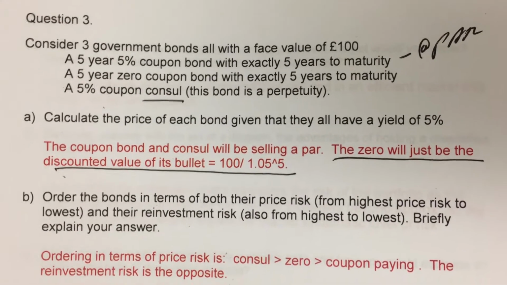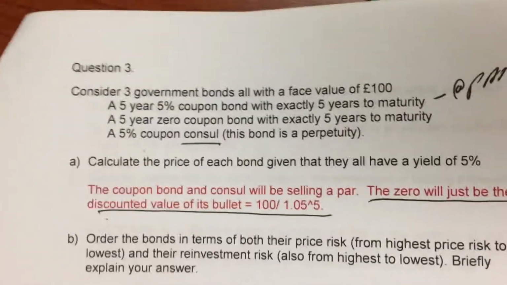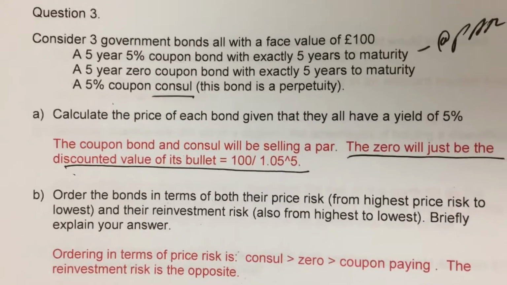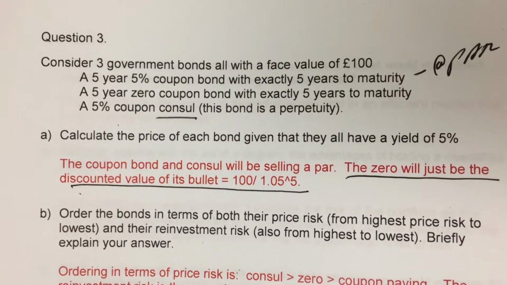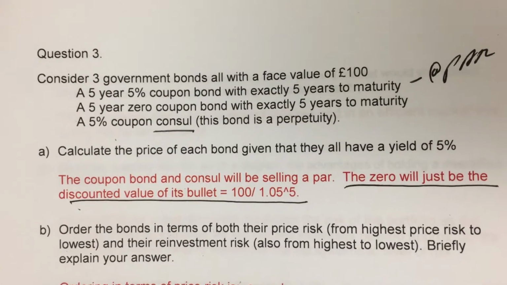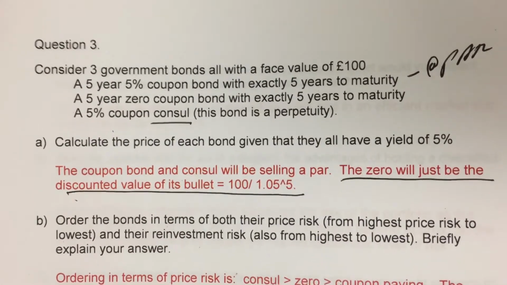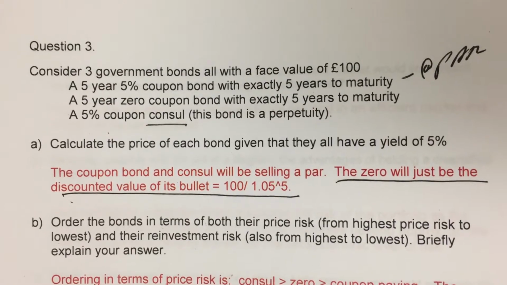The second bond, which is a 5-year zero coupon bond with exactly 5 years to maturity, will not be selling at 100. In fact it will be selling at something less than 100.